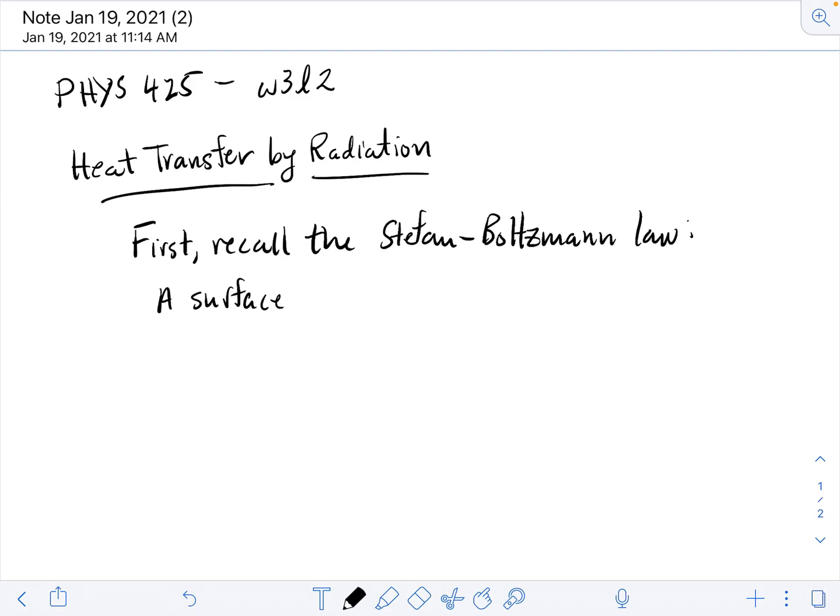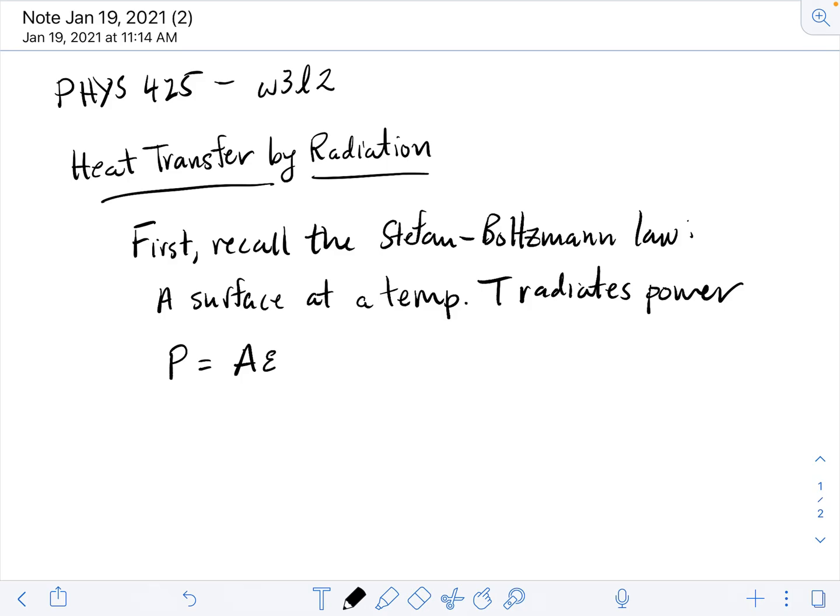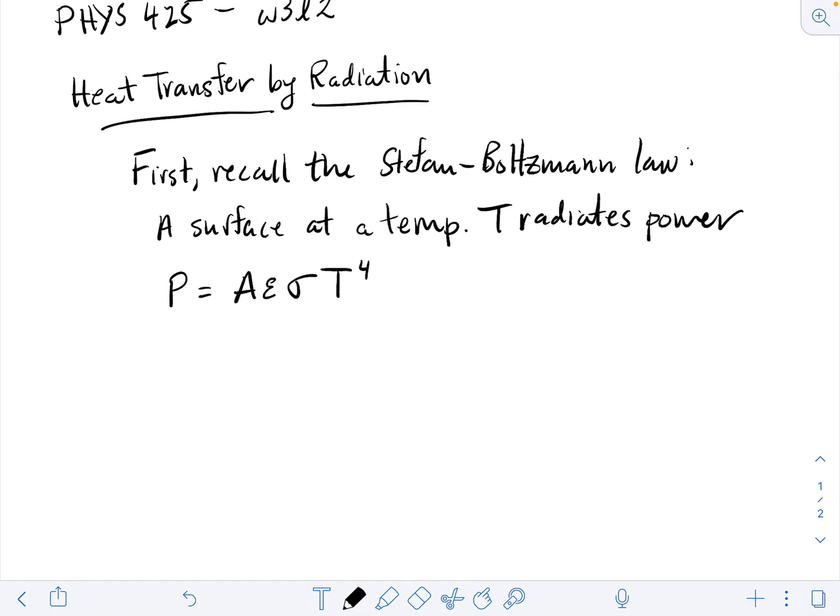This law talks about a surface at a temperature T, and this surface will radiate power determined by A, the area of that surface, epsilon, its emissivity, sigma, a constant called the Stefan Boltzmann constant, and its temperature to the 4th power. So it's actually a pretty strong function of temperature.